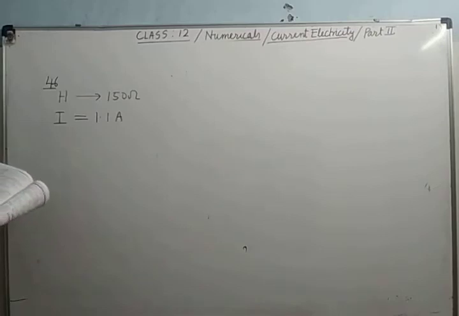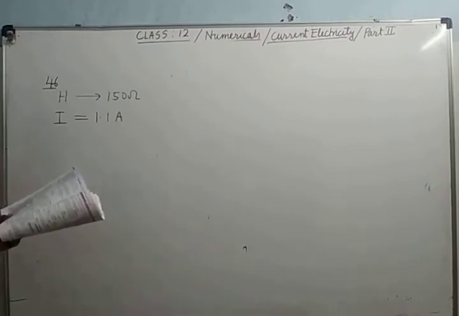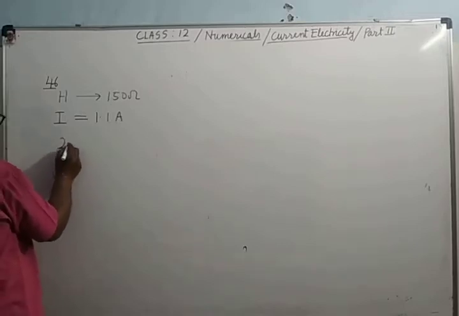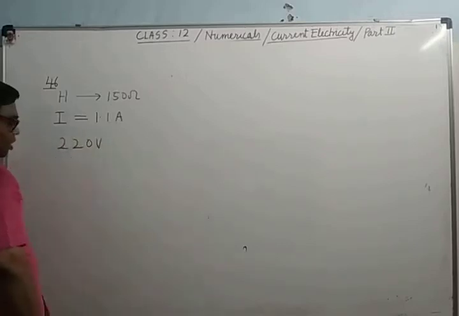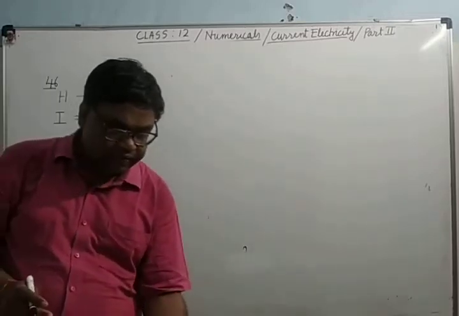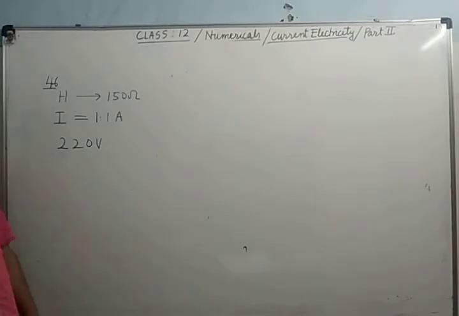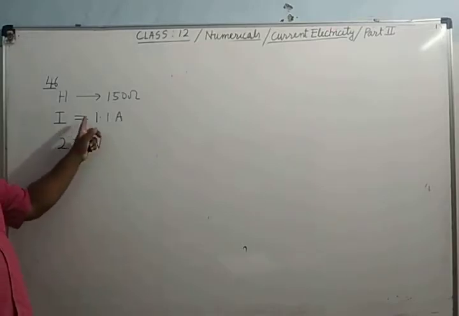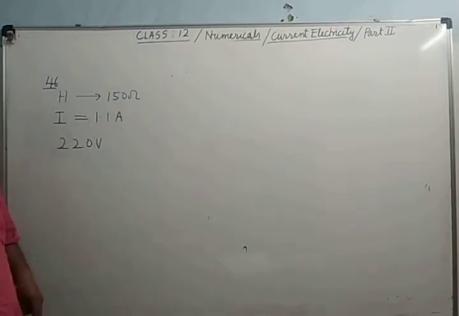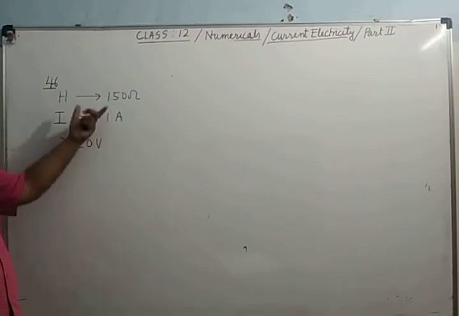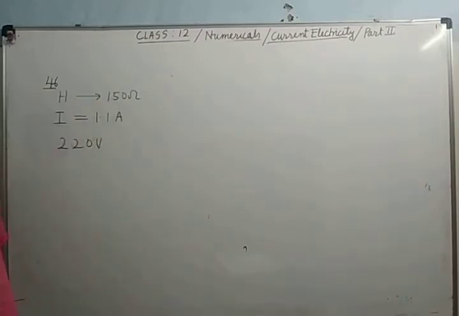In this case, what minimum resistance should be joined in series so that it can be operated at 220 volt? Here the heater is of 150 ohm and the maximum current which can flow through it is 1.1 ampere. Means if the current becomes more than 1.1 ampere, what will happen? Its filament will be damaged.